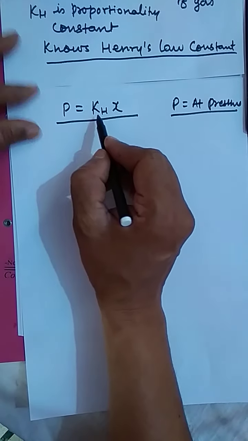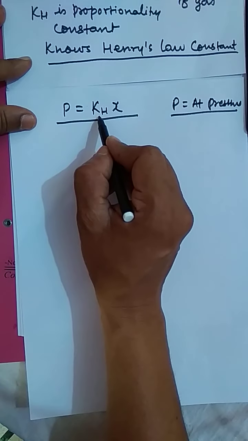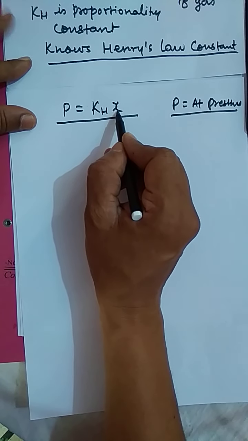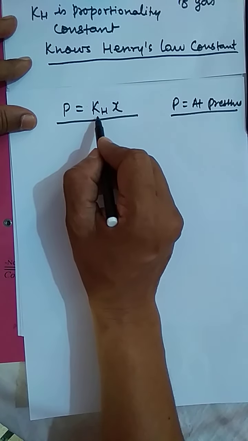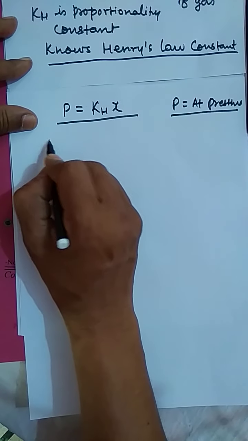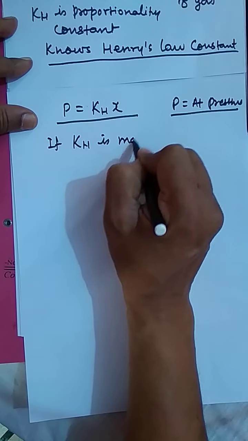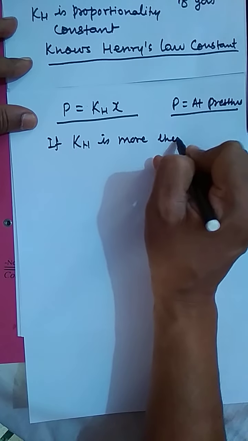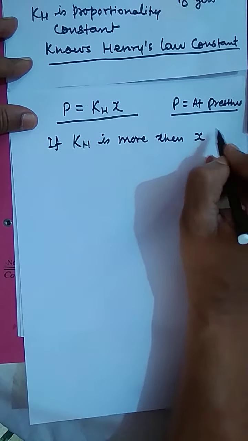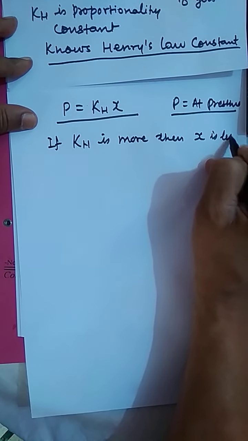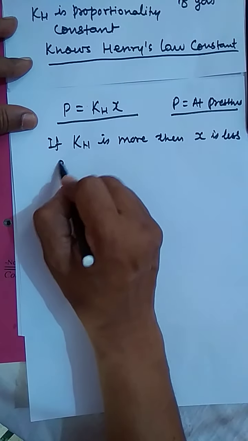So if KH is more, then definitely x will be less. If KH value is more, then x is less, right? And vice versa.